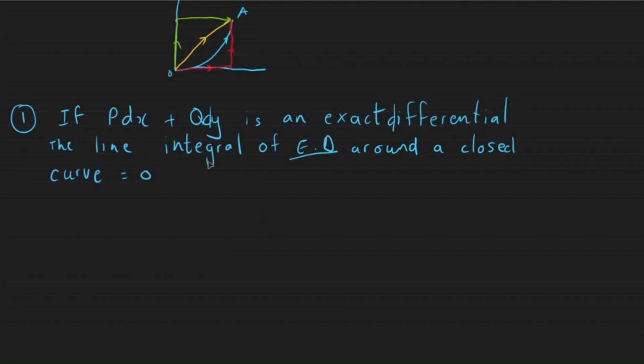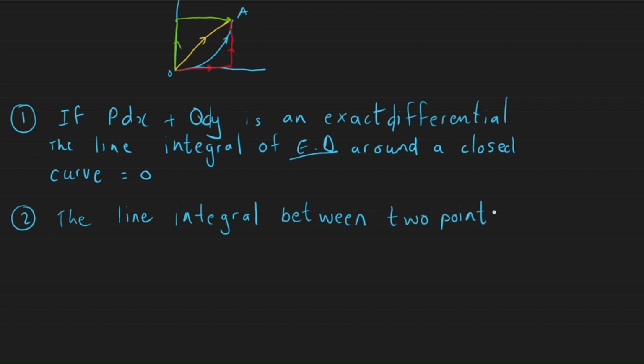The second important point is that if this first point is true, then it means that the line integral between two points does not depend on the path of integration.